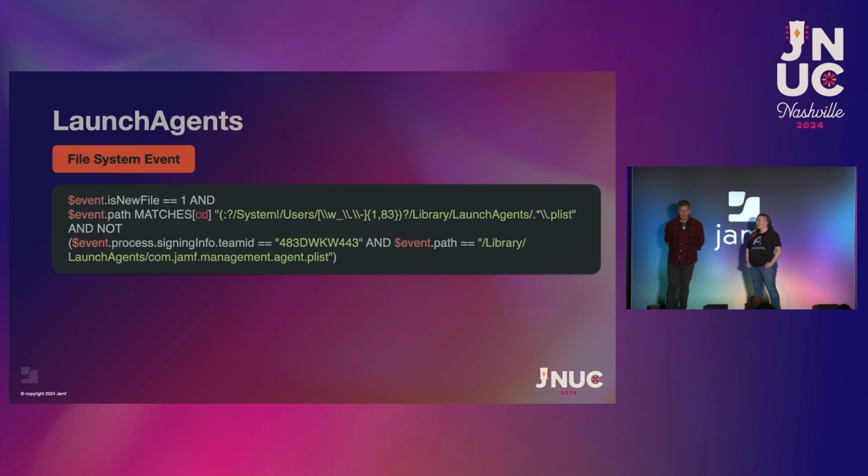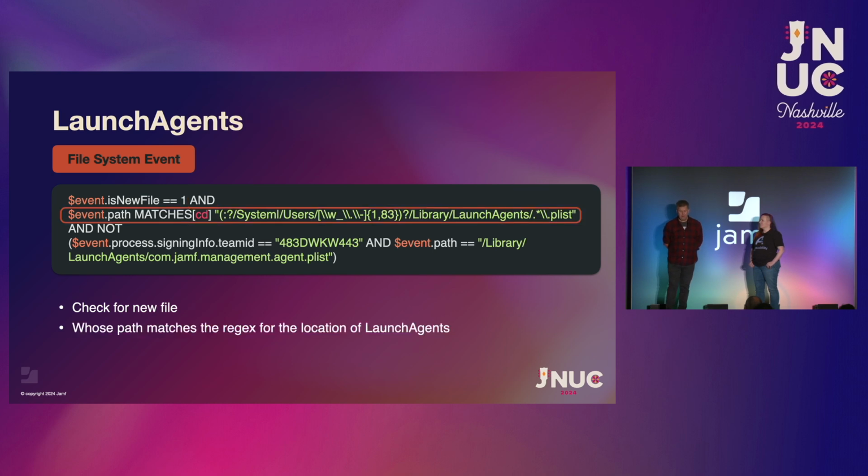The next one is looking for any launch agents that have been created. Okay, so again, we start off with the event new file. So we're going to check if any new files get created. And then we have something really horrible. This is a regex example. So on the path, we're using regex to match all the locations that launch agents can exist, because there are at least three locations where launch agents can be deployed.